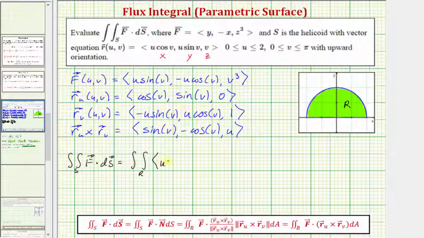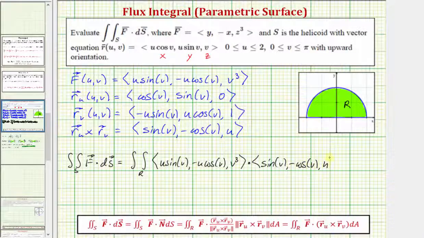So angle bracket u sine v, comma, negative u cosine v, comma, v cubed, dotted with the cross product, which we just found, that has components sine v, comma, negative cosine v, comma, u, differential A.